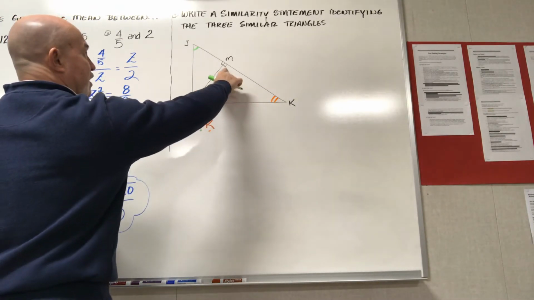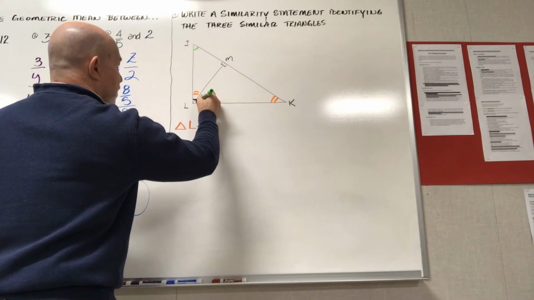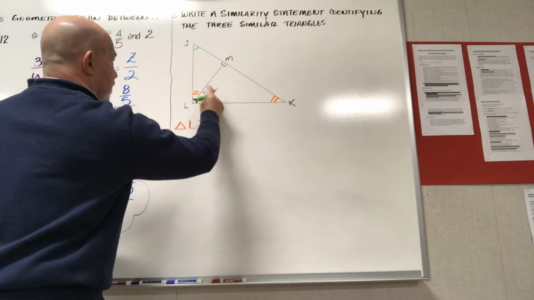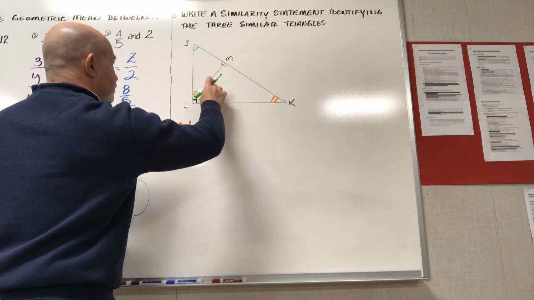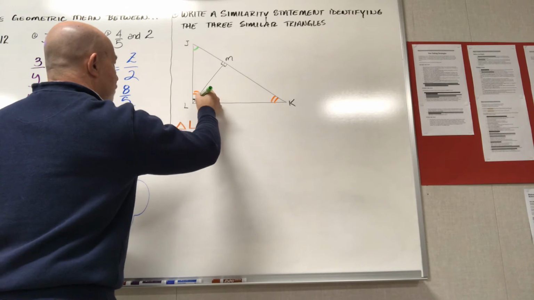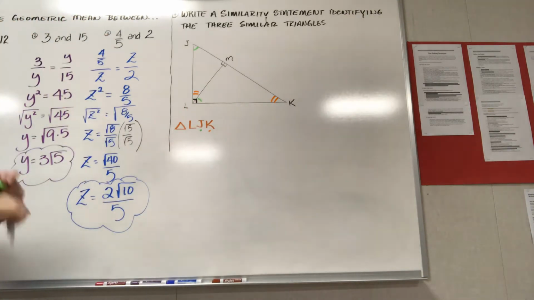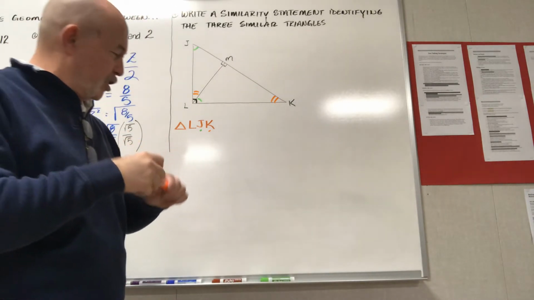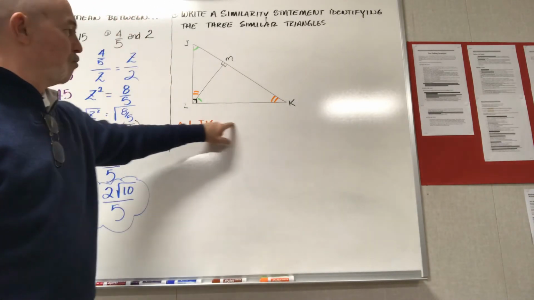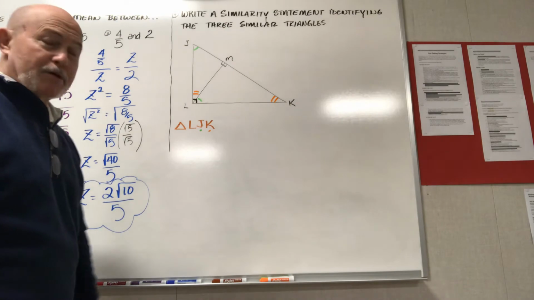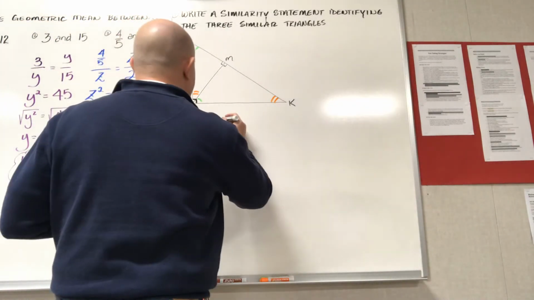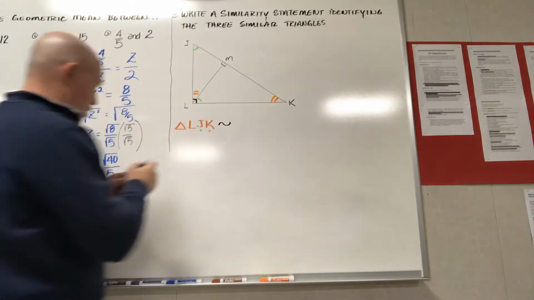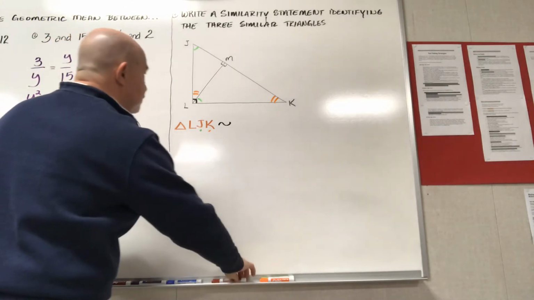If that's orange, that's 90, that's green. How you choose to match here is up to you. You may do it this way. Folks, I'm going to be honest with you, it's not a bad idea to just line them up.